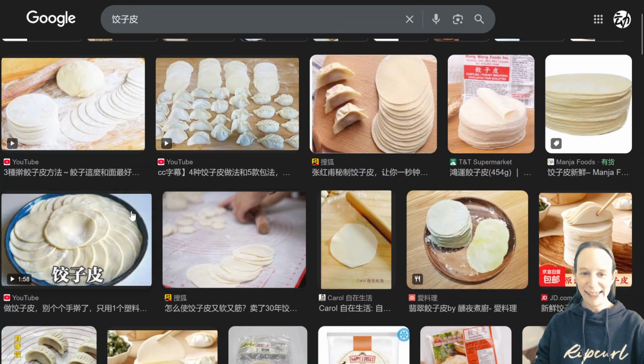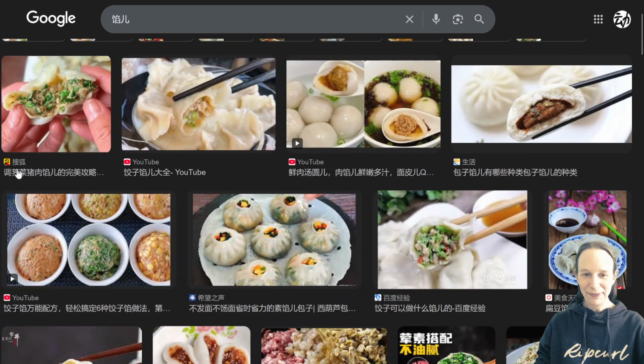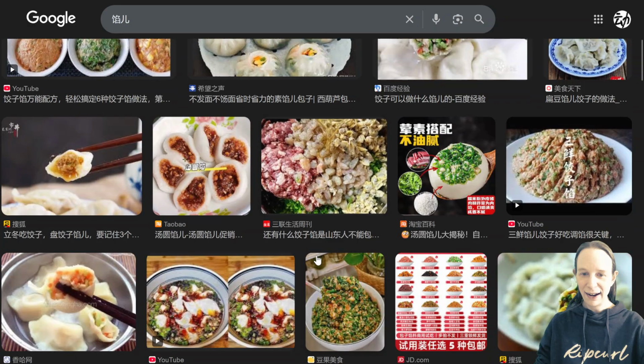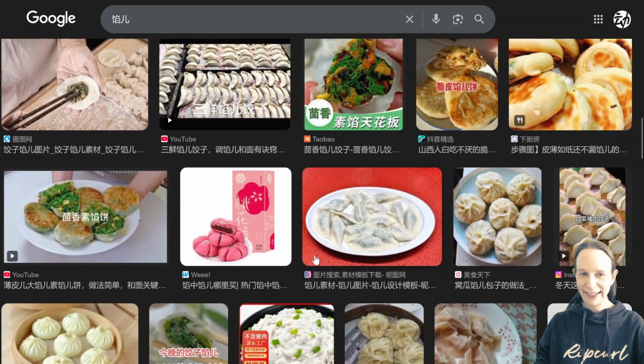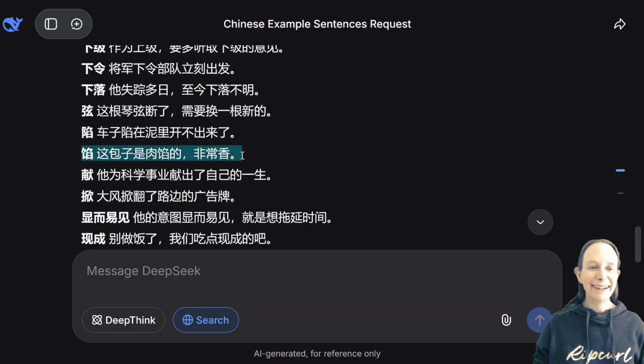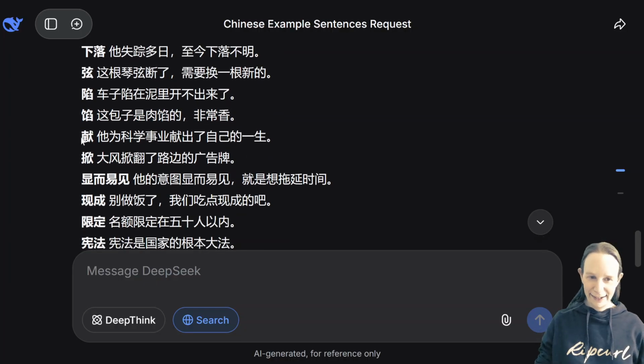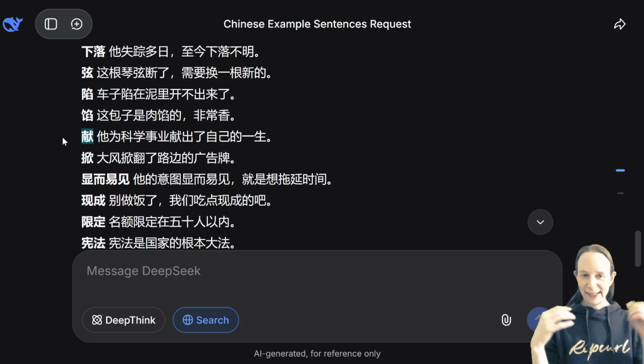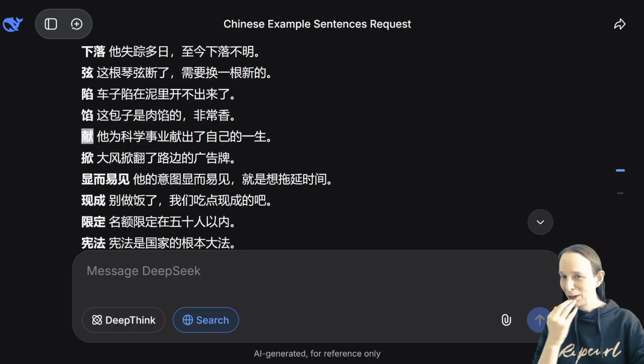Literally dumpling skin, but it's not literal, of course. You have different types of 馅儿, and you make lots of dumplings. Oh, now I feel like dumplings. All right. 献. Okay, so this 献 is something like contribute.